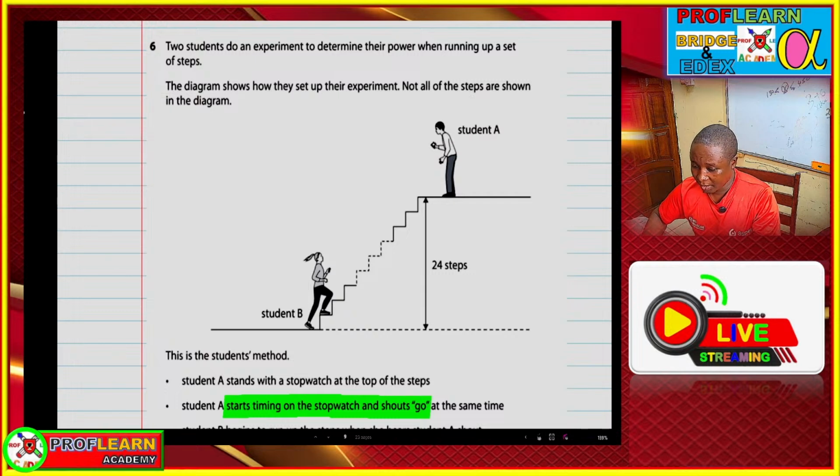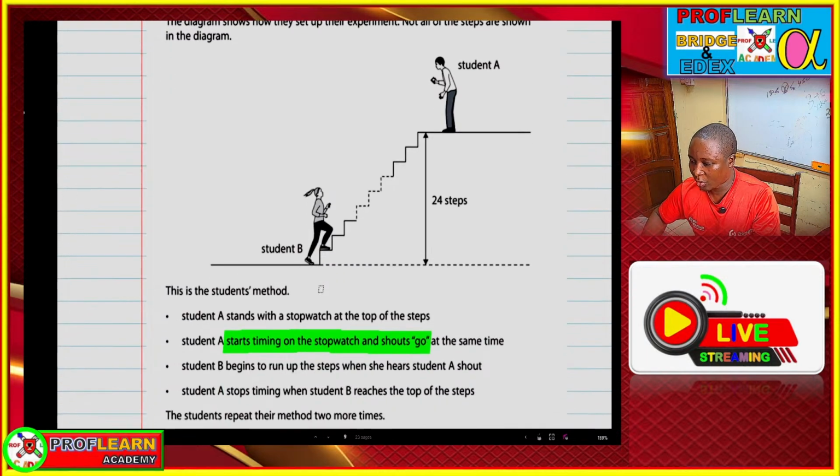Now in the process, they are going also to use the mass of the student and the height over which the student has run. In the process of finding energy, they are going to find energy that is mgh, which is the gravitational potential energy over this height, and then use the time they have recorded at that point to determine the rate at which energy is transferred, which is basically power.